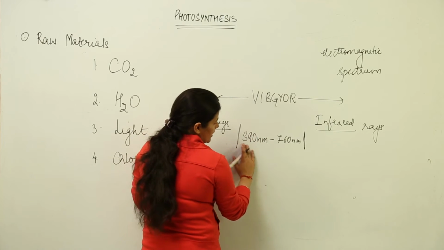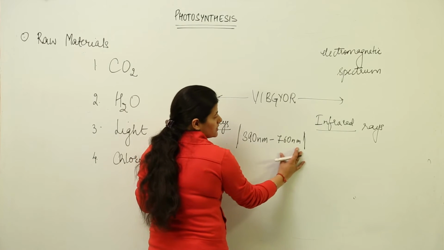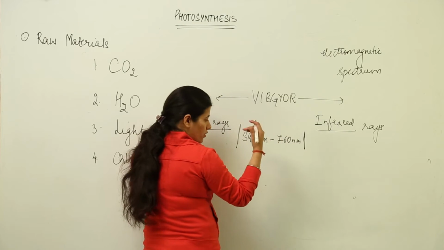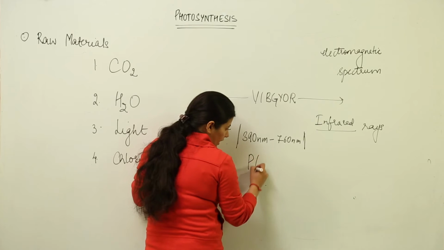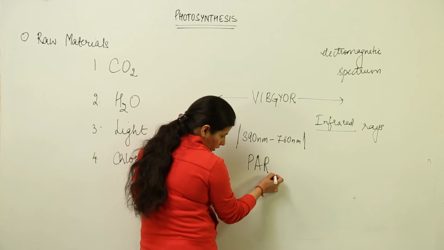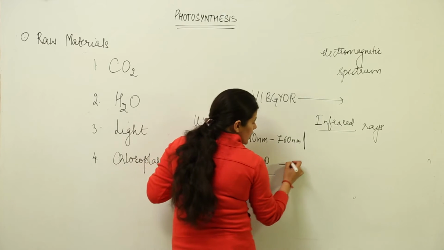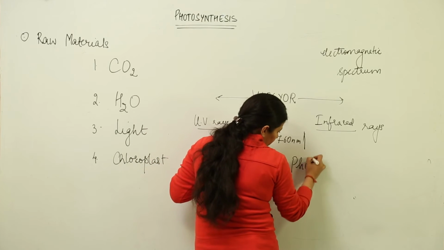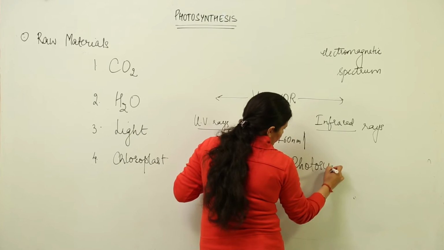Now this 390 nanometer to 760 nanometer range, inside this also we have a thing known as PAR, that is photosynthetically active radiation.